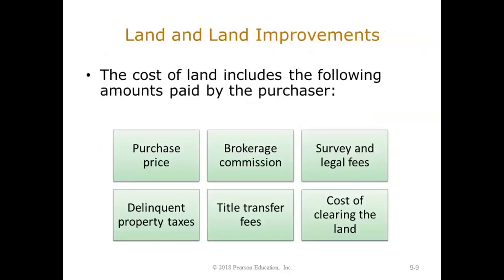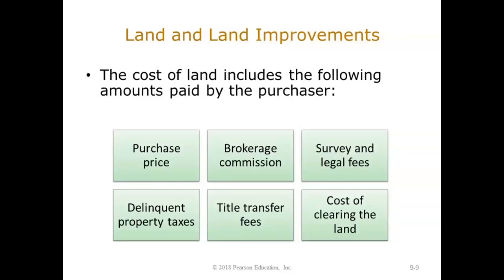Well, say for land and improvements, you're definitely going to have the purchase price. No question about that. Now, there are also going to be some other costs in purchasing land. You've got perhaps some brokerage commission, legal fees, and survey fees, where you're going to have the appraiser or the title person come out and make sure that the land is properly measured.